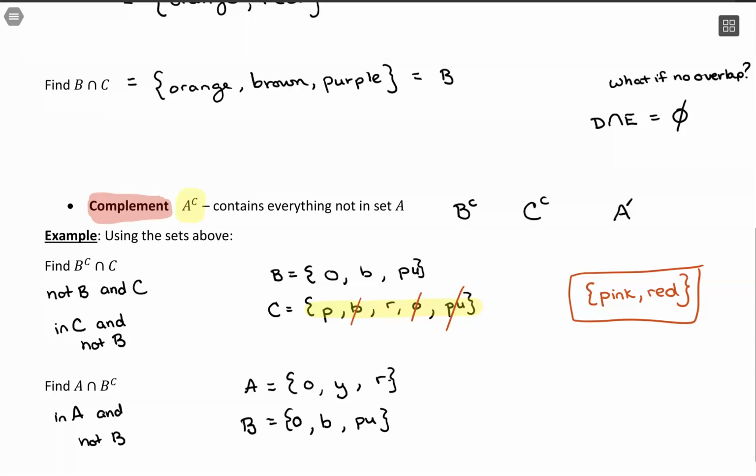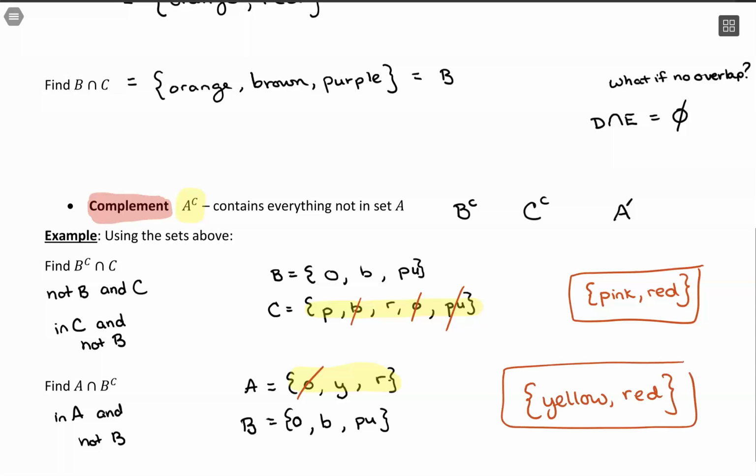So I want the colors that are in A, so I want orange, yellow, and red there, but then at the same time I want it to not be in B. So we have orange, so get that out of there. Brown doesn't show up, purple doesn't show up. So now I have this group that is yellow and red, those colors that are in set A and not included in B.